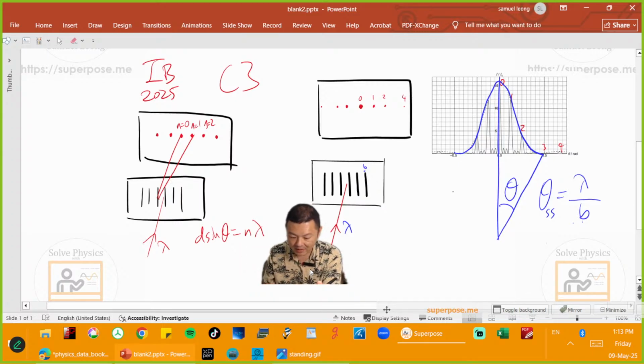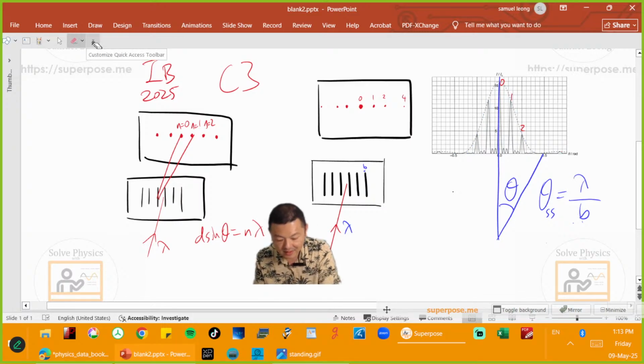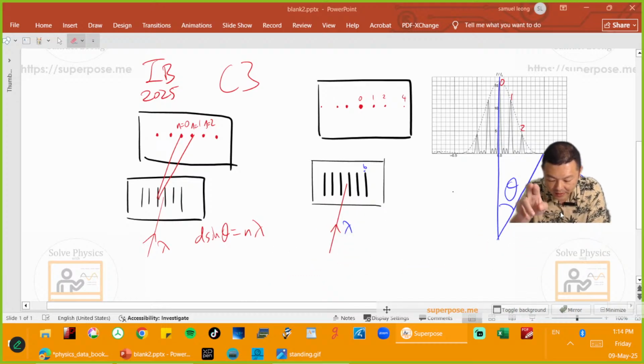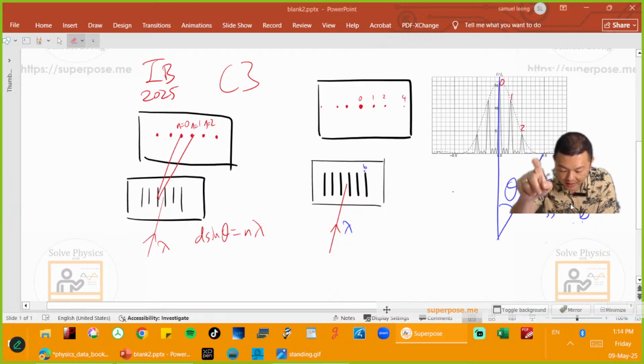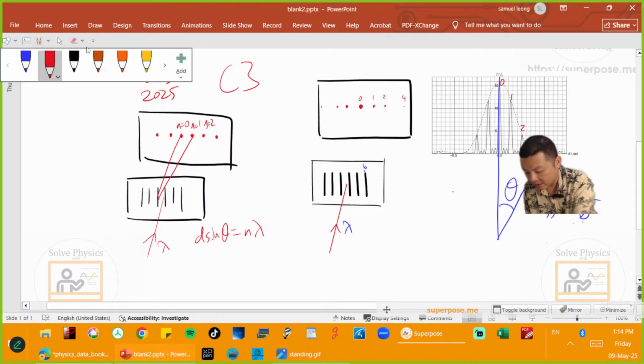Wait, actually, you know what? I just realized that I may have made a mistake here. It looks like the third one is still there. I see a very faint one here, like this. You see that? I'm sorry, that's the third one.